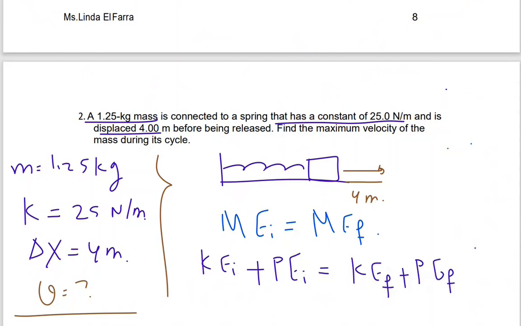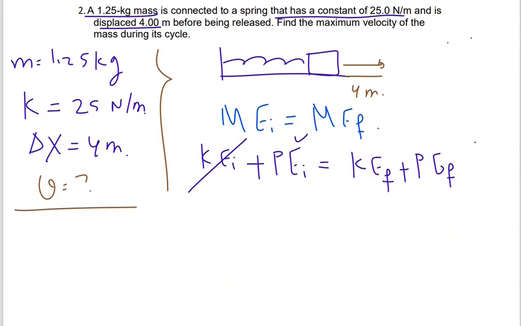At the beginning, the mass is not moving, so kinetic energy initial is 0. I have elastic potential energy, which I stored in the spring when I stretched the mass. So elastic potential energy initial equals, when the spring starts to move, kinetic energy final. There is no potential energy final.